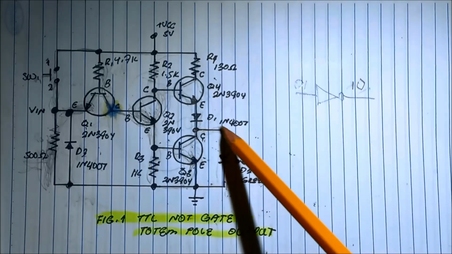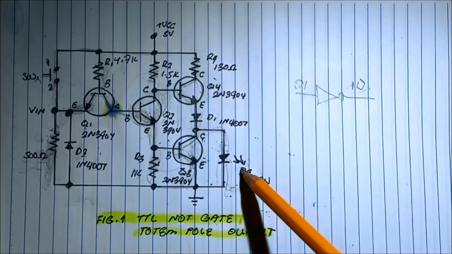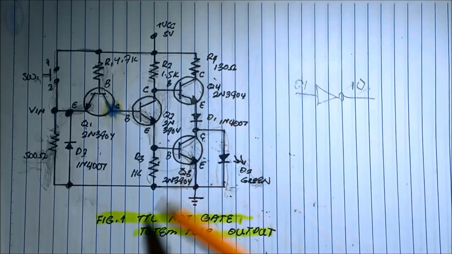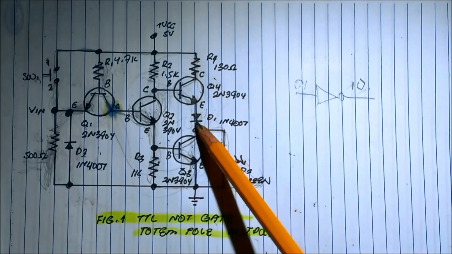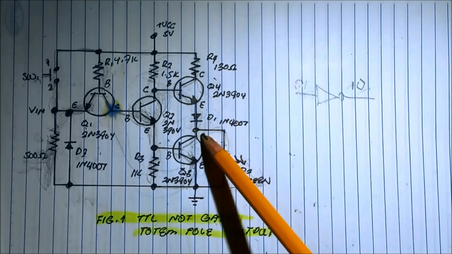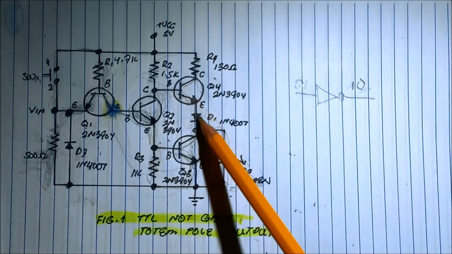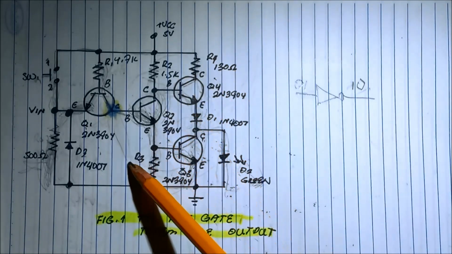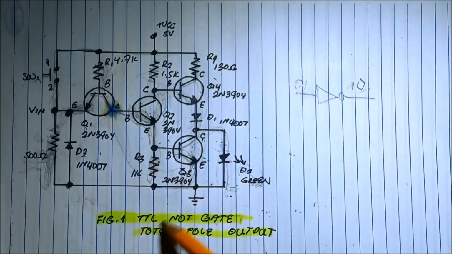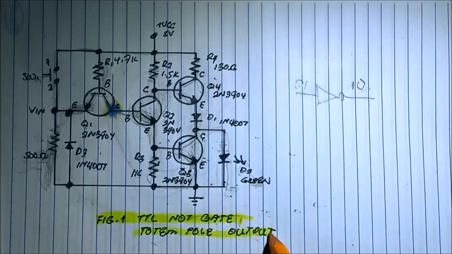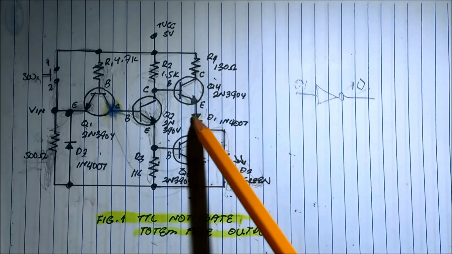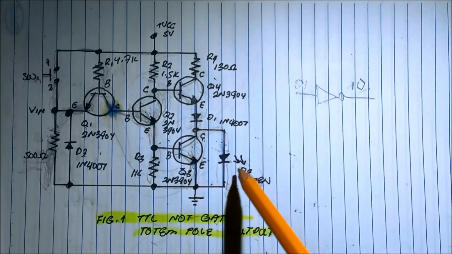This is off, there's no current flowing into the LED green. So, what's the purpose of this circuit? This is all just a switching circuit for designing an integrated circuit or IC. How we use this TTL NOT gate, totem pole output with a diode connected to the emitter.